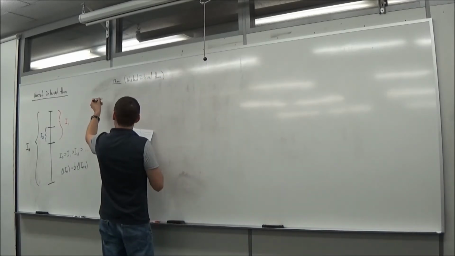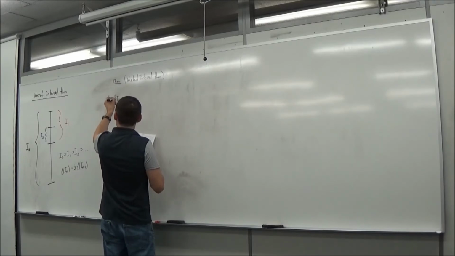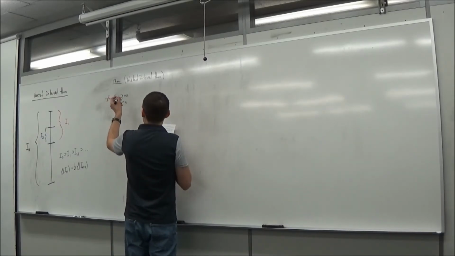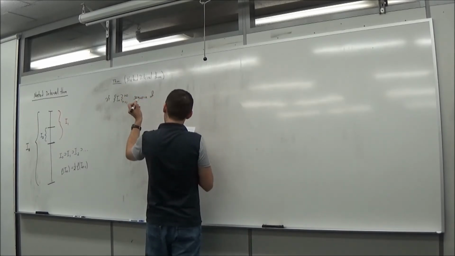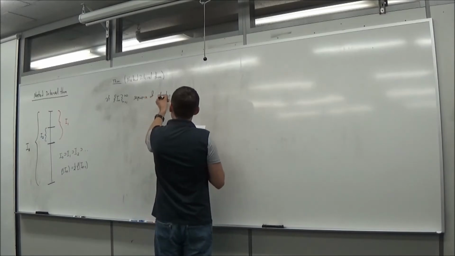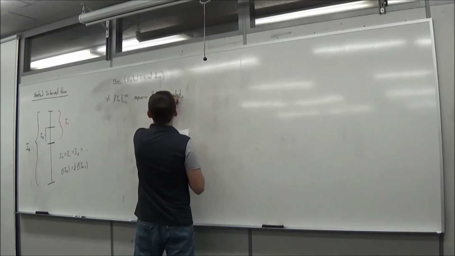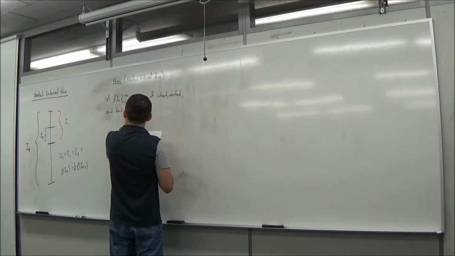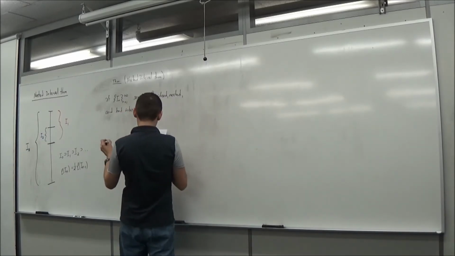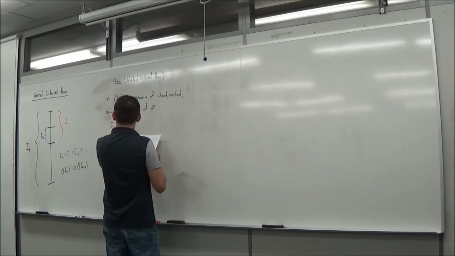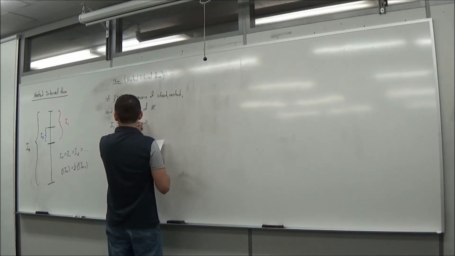What it says is this: if we have a sequence of closed, nested, and bounded intervals of R. In other words, I1 will contain I2, and I2 will contain I3, etc. That's what nested means, right?